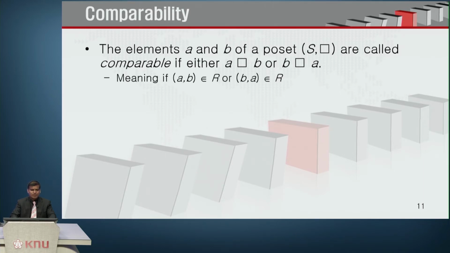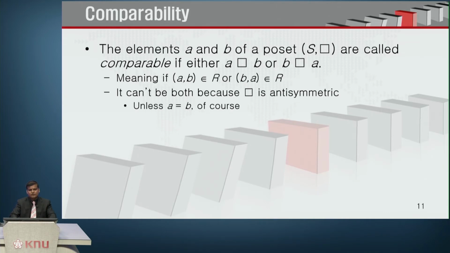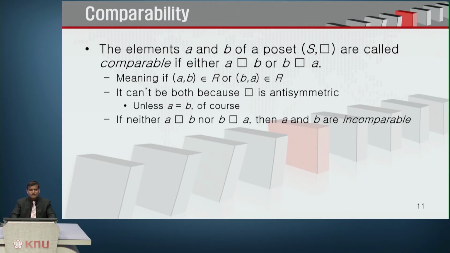Meaning if (a, b) is an element of R or (b, a) is an element of R. It cannot be both, because square is antisymmetric, unless a is equal to b. If neither a square b nor b square a, then a and b are incomparable, meaning that they are not related to each other.